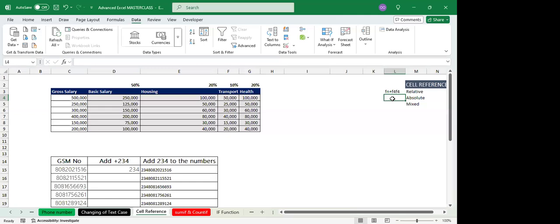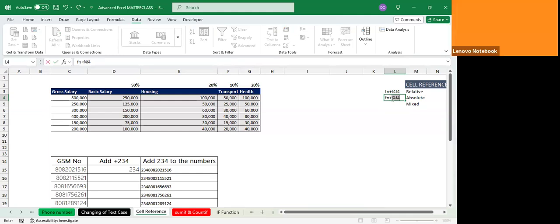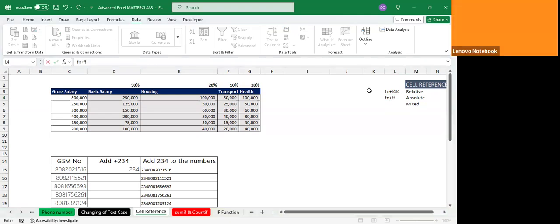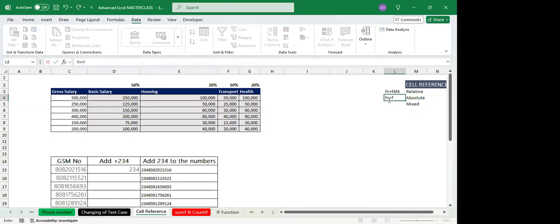If you want to achieve absolute referencing, that is, you want to lock it, then it's going to be Fn plus F4.